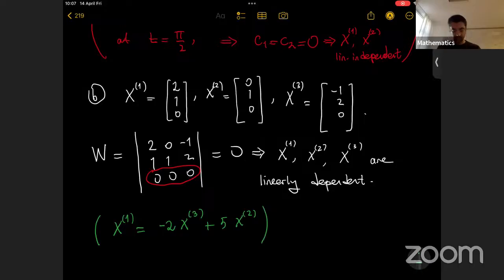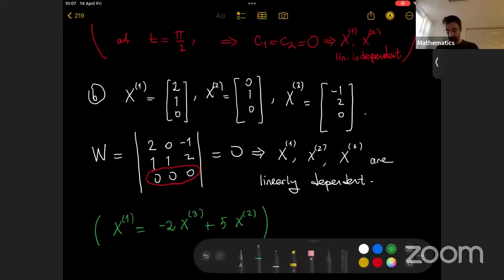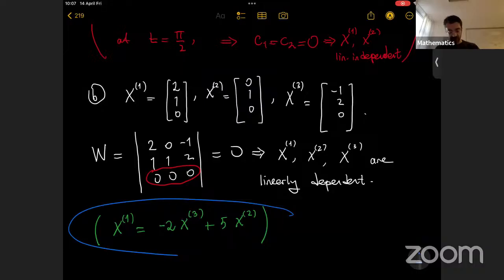You see here. So basically you can write any vector in terms of other two here by this equation. So if you were to find this equation at the beginning, you can say that they are linearly dependent without looking at the Wronskian. But Wronskian is a more systematic way to get the answer here, okay? So this is another way to explain why they are linearly dependent.